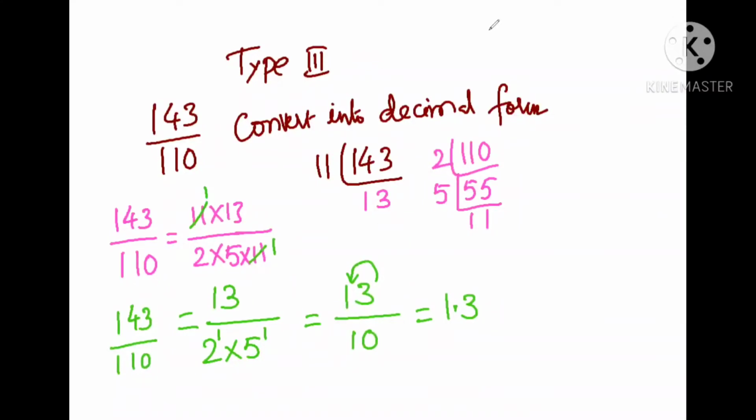So here is an assignment for you. By watching the video fully, you can convert 27 by 2 into 5 to the power of 4 into decimal form.